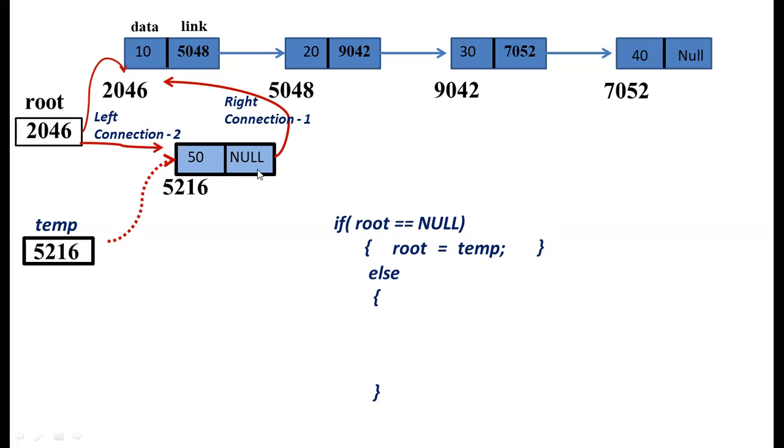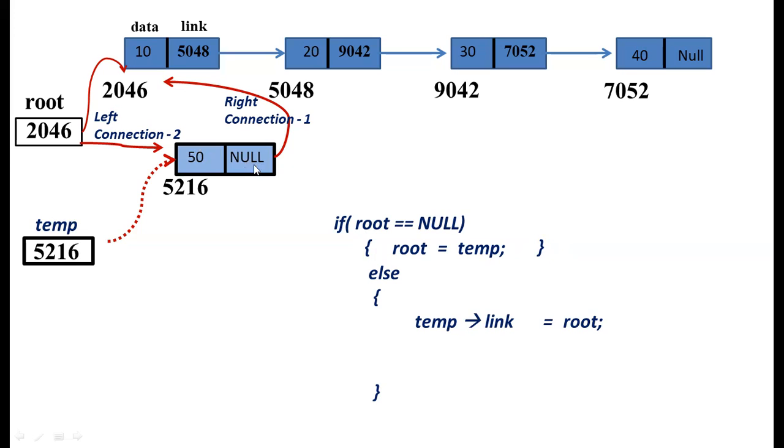So who is pointing to this node? Temp to link is pointing to this particular node. So here we need to assign the root value into temp to link. Here this value is replaced with the root value.